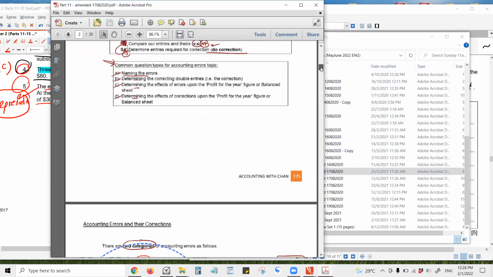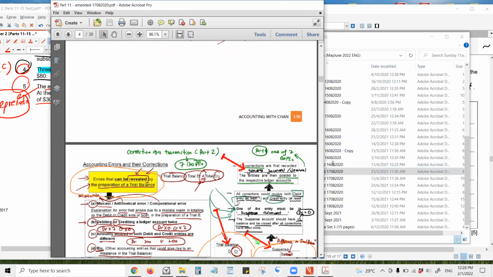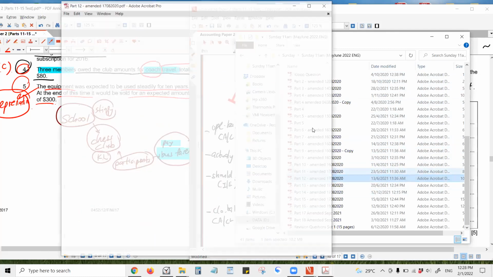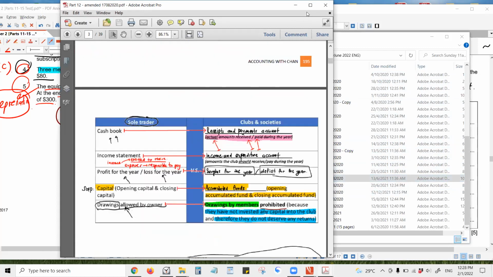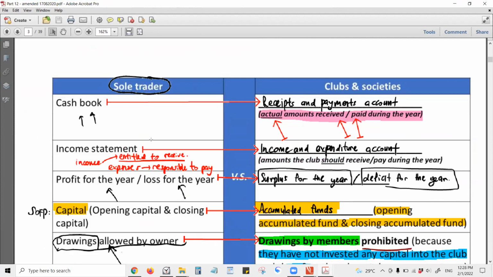Generally income statement has been replaced with income and expenditure. Income statement is known as income expenditure account in club and society. Cash book is replaced with this, profit for the year replaced with this, loss for the year replaced with deficit for the year, right?